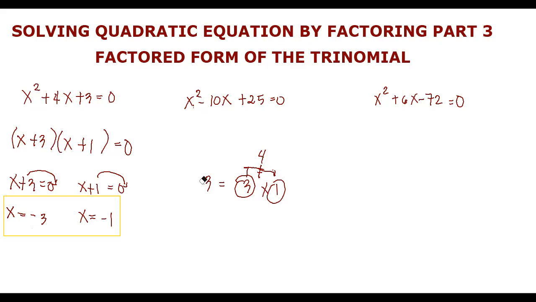Okay, now let's proceed to another example. Given x squared minus 10x plus 25 is equal to 0, let's factor this out.